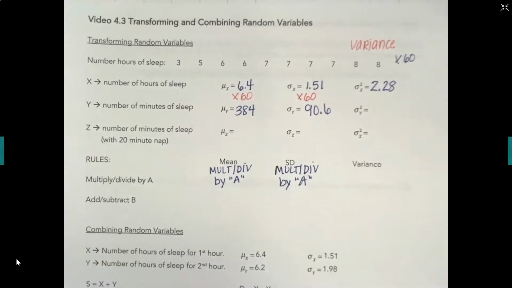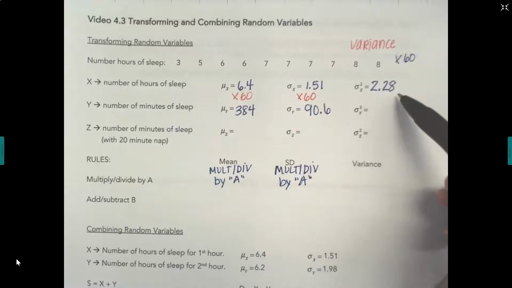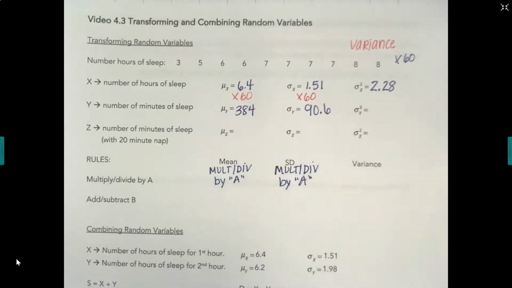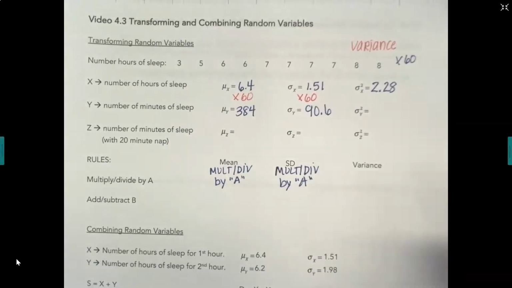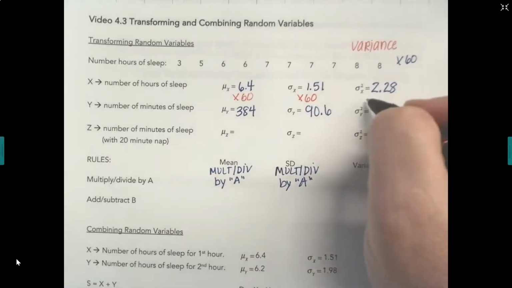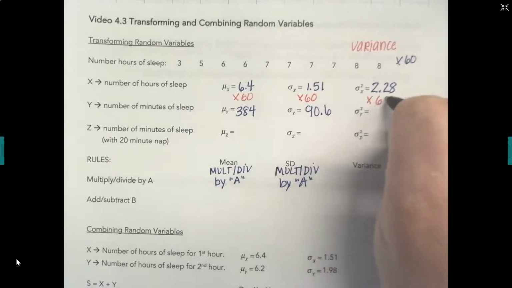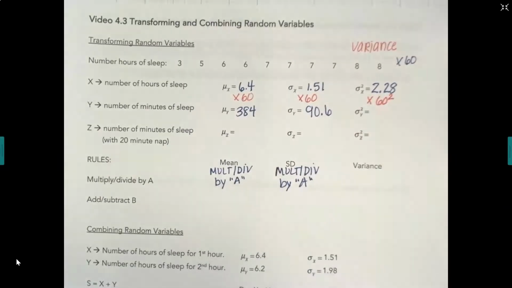Now, pay attention here. To get the variance, remember, the variance is the standard deviation squared. That's what this is saying, standard deviation squared. So this number has already been squared. When I go to multiply it, whatever I multiply it by is also going to have to be squared, so they have the same transformation occurring to them.